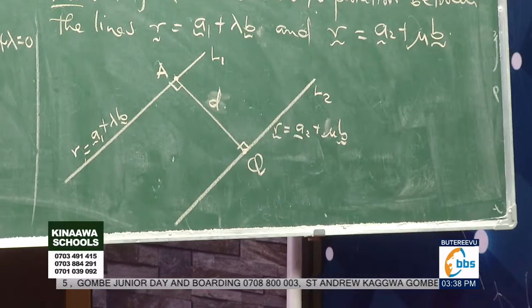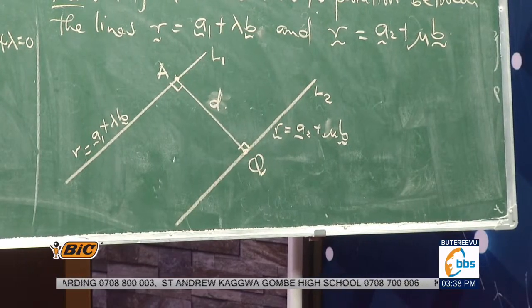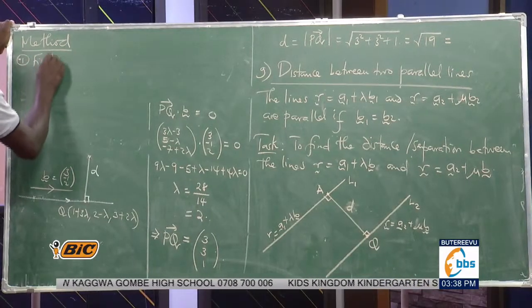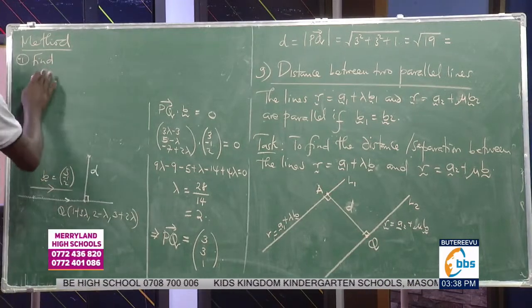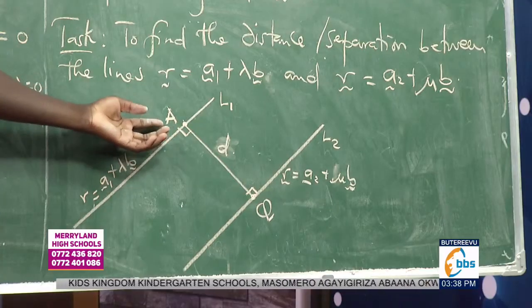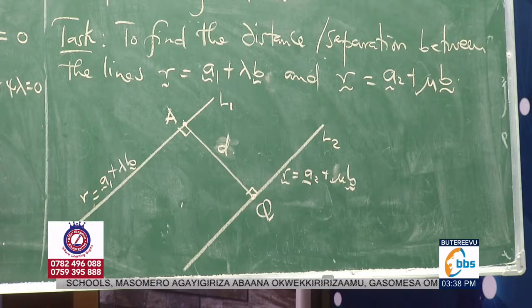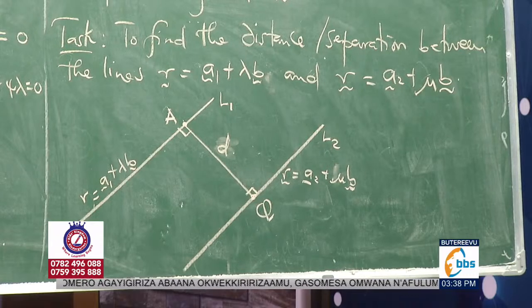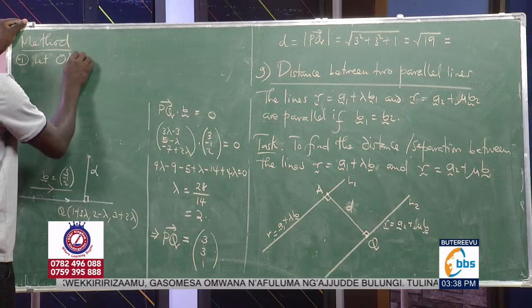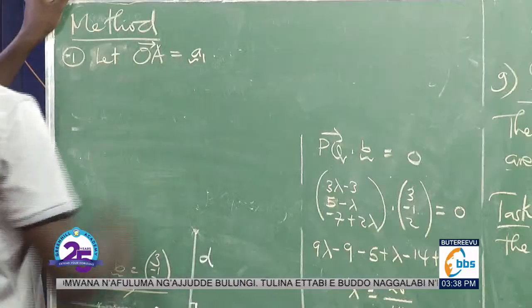So the method is: one, let A be a point on the first line. This one is very easy to get; you could take this very point here. So we could say let OA equal a1.